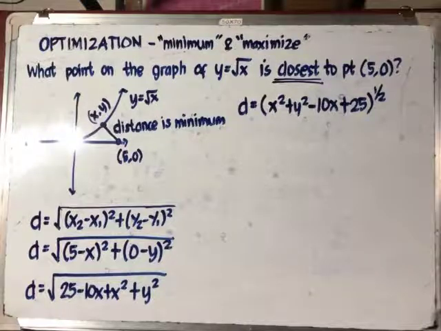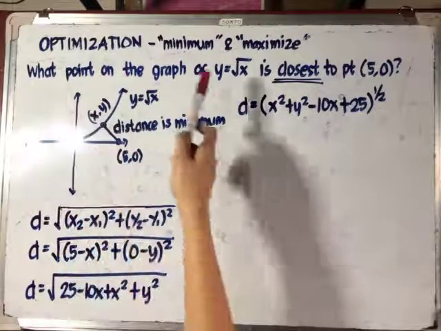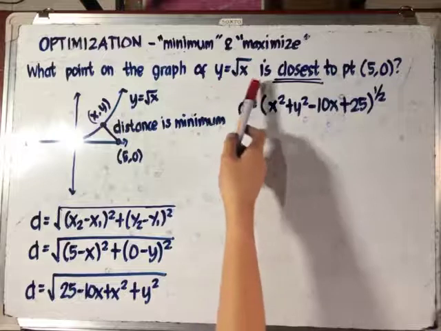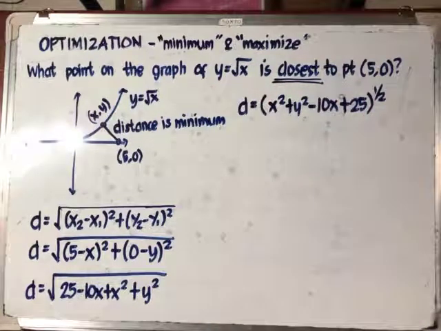Going back to our problem, what point on this graph, y equals the square root of x, is closest to (5, 0)? You won't find any other relationship than the equation itself.